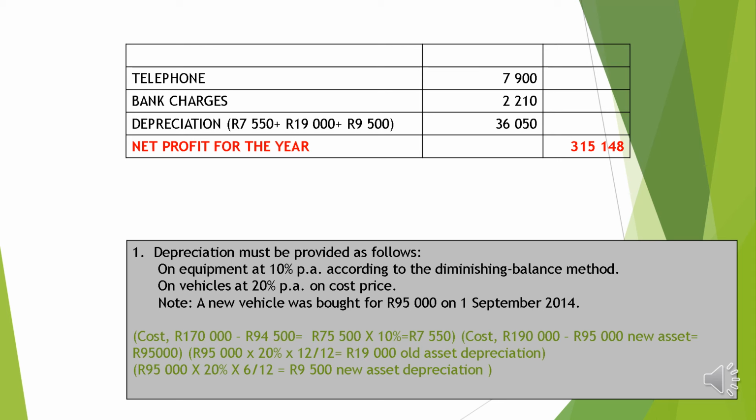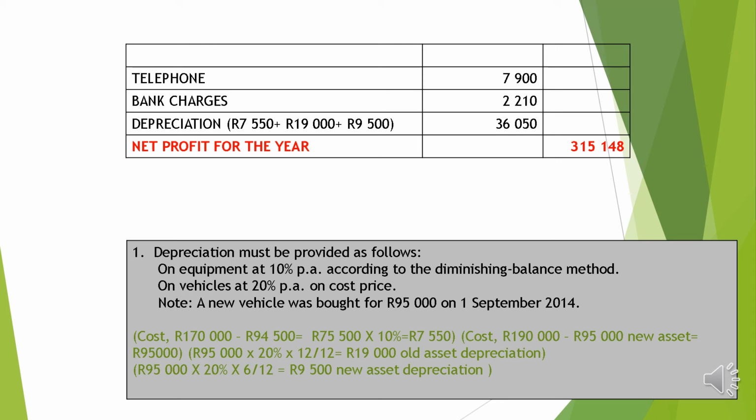Then we calculate the depreciation for the old asset. That one we say 95,000 rand, its historical cost, times 20% times 12 over 12 or times 1, because these assets we had for the whole financial year, which is 1 year. Then we got an amount of 19,000.